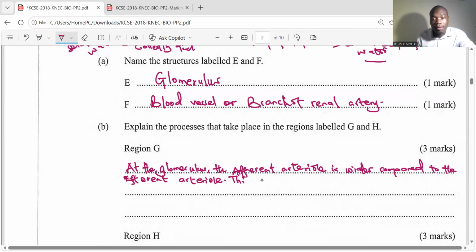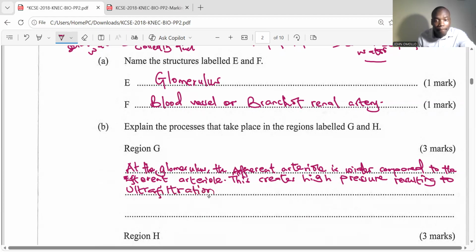This creates high pressure, leading to ultrafiltration.